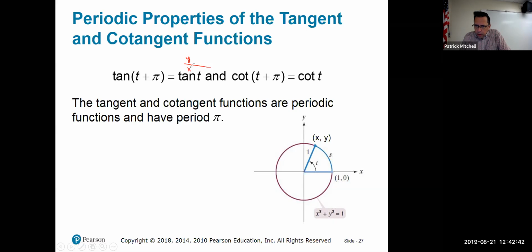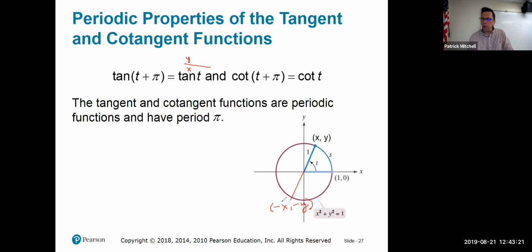Okay, so now let's say I go over to t plus pi. T plus pi would be this angle here, wouldn't it? Okay, exactly 180 degrees past t. So the coordinates of this point would not be x comma y. The coordinates of that point would be negative x comma negative y, wouldn't they? Okay.